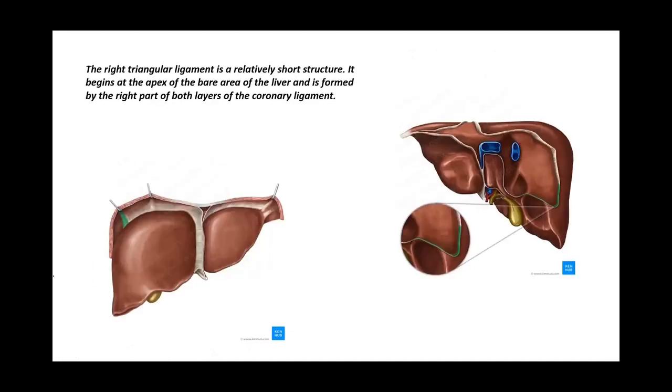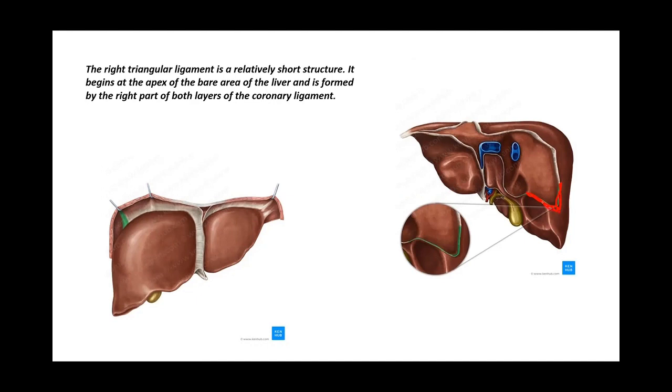Now on the right, you can see the right here. The right triangular ligament is a relatively short structure. It begins at the apex of the bare area of the liver.